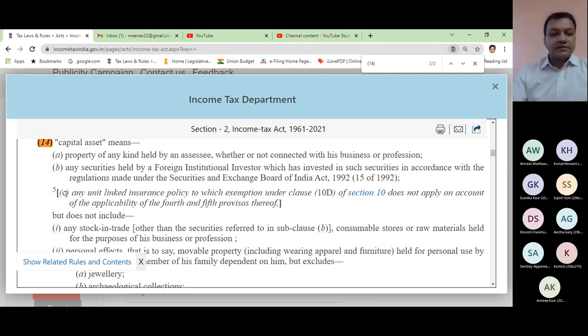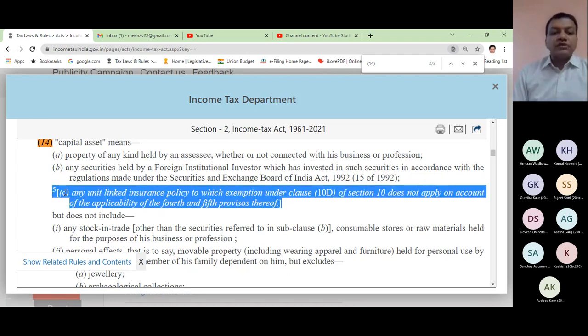And this is written in italics, as you have understood, that any unit linked insurance policy to which exemption under clause 10(10D) of section 10 does not apply, etc. This was just to cover section 45(1)(b). Since they introduced 45(1)(b), there was a need to make this amendment also, so that such policies are also treated as capital assets. That is not relevant for you. For the timing, you should learn that everything in this world is a capital asset.